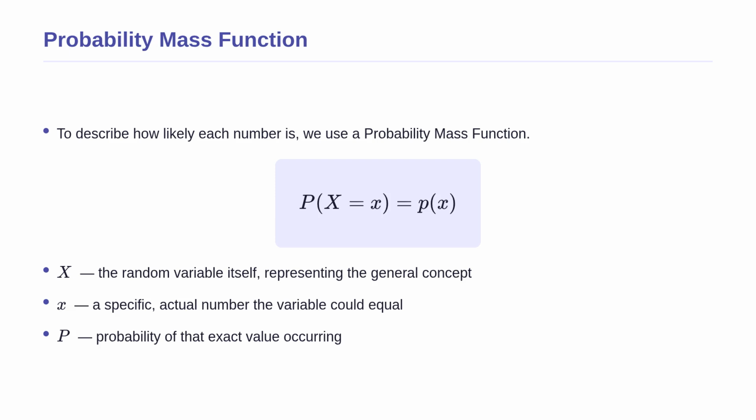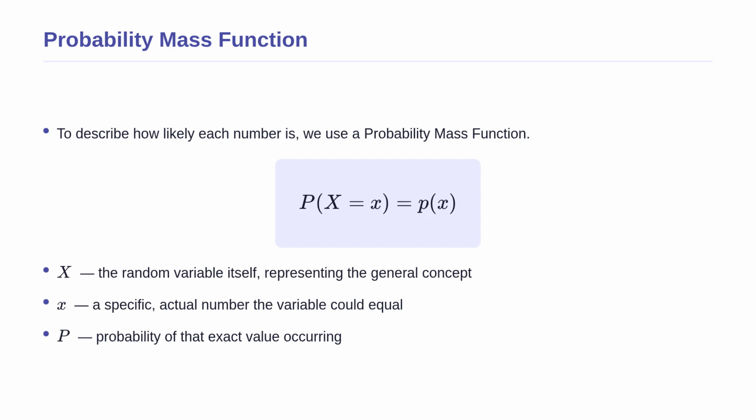With our variable defined, this brings us to an important question. How do we describe the likelihood of each specific number occurring? We do this using a probability mass function. Conceptually, this is just a mathematical formula or table that tells you the exact probability of the random variable landing on a specific value. In this equation, the capital X represents the random variable itself, like the number of heads in a coin toss.